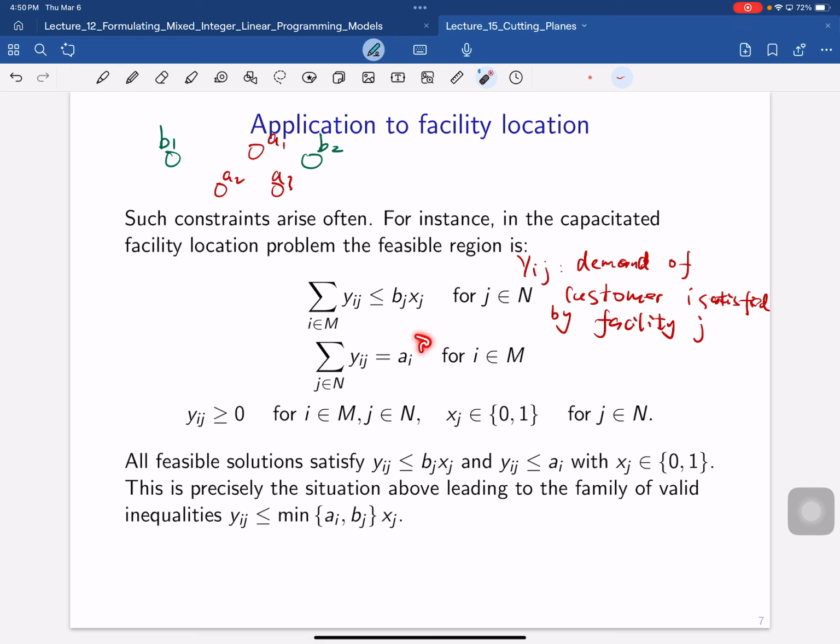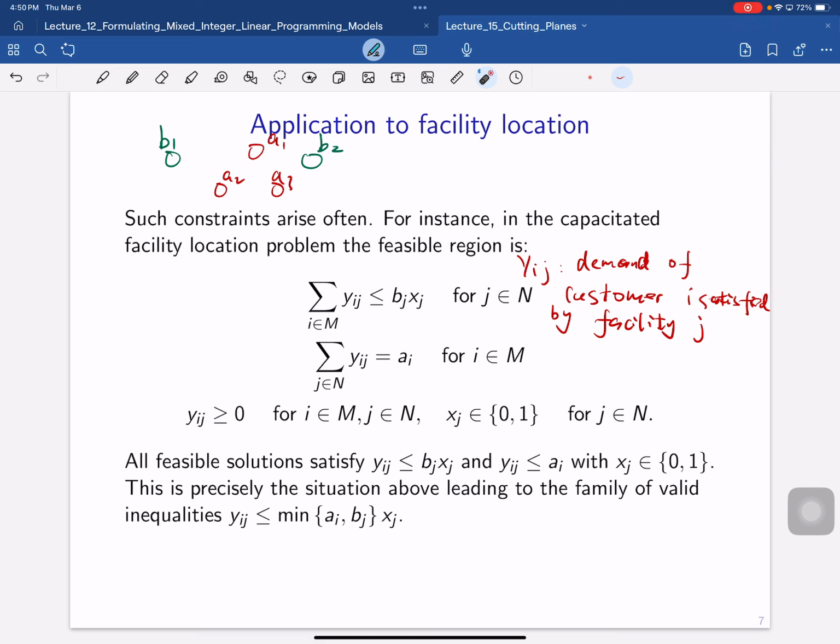Here it says, if you sum over y_ij over all the facilities, it has to satisfy the demand of the ith customer, okay? So from that, we can easily derive some valid inequalities taking into account x_j is a 0, 1 variable, okay?